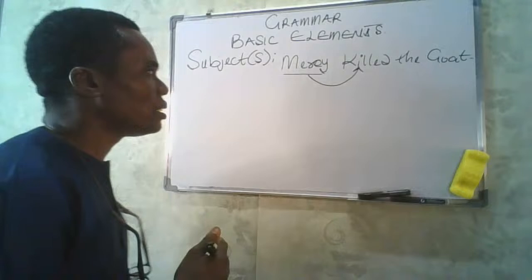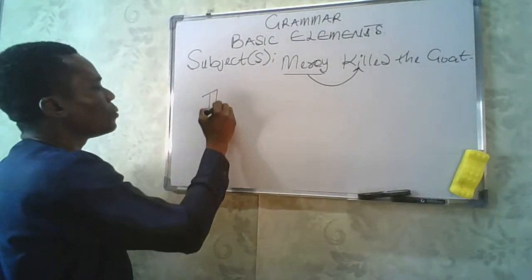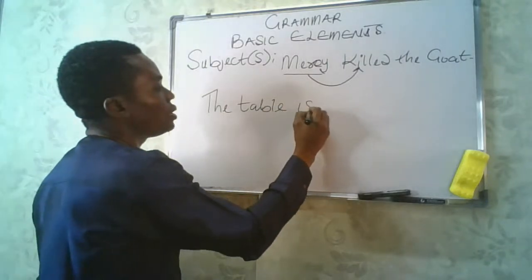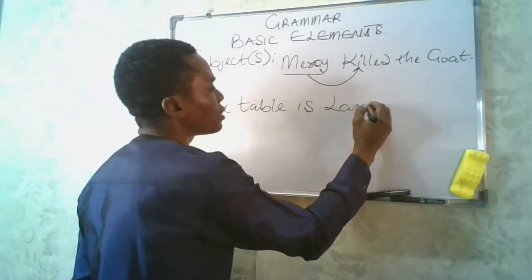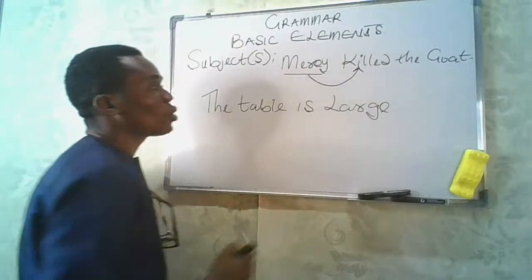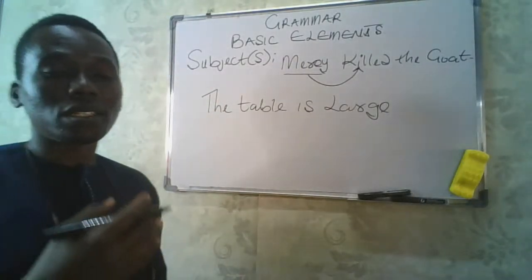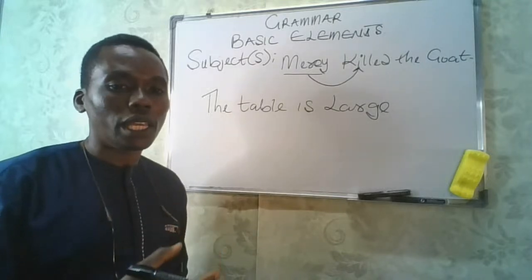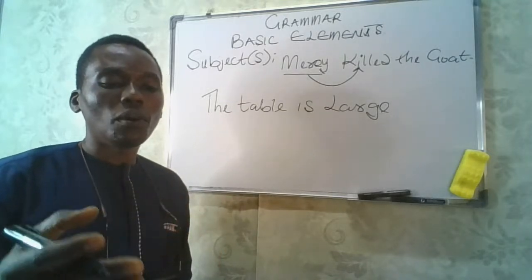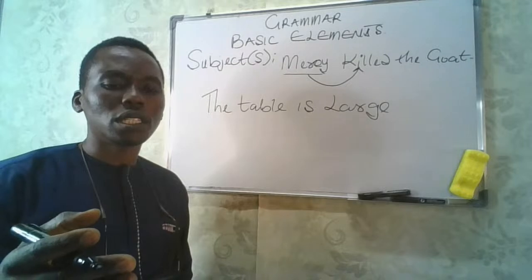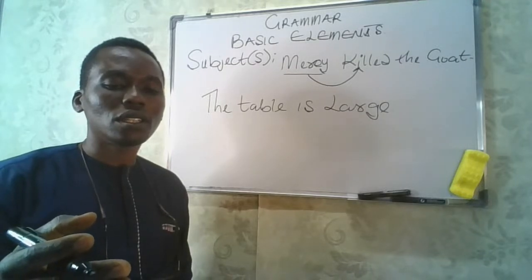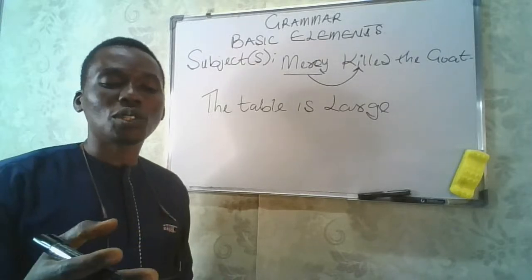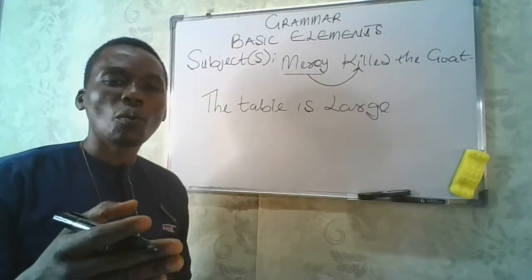Now let's look at this. The table is large. Some will say the subject is just what starts a sentence first, but this time the sentence begins with "the". So, the table is large. What is the subject in that sentence? Though it is not a person performing the action, it is the thing we are talking about.